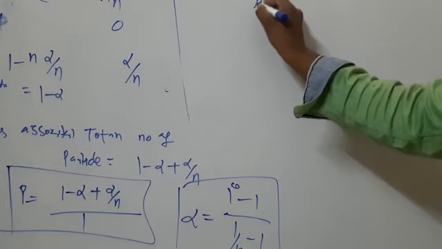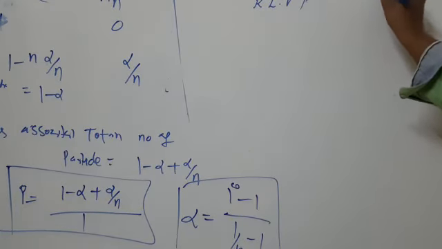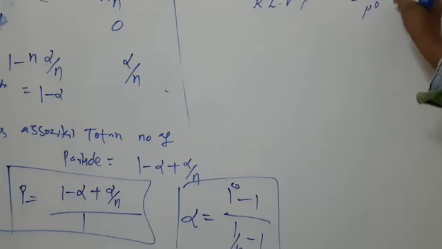Relative lowering of vapor pressure, P naught minus P by P naught, equals i into the mole fraction of solute. Each term is multiplied with i.